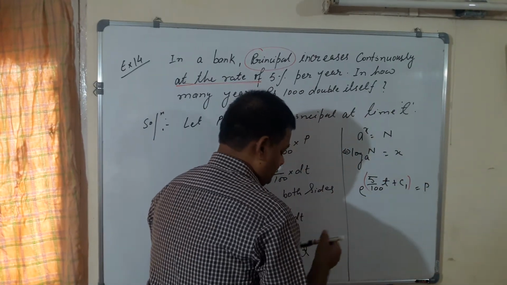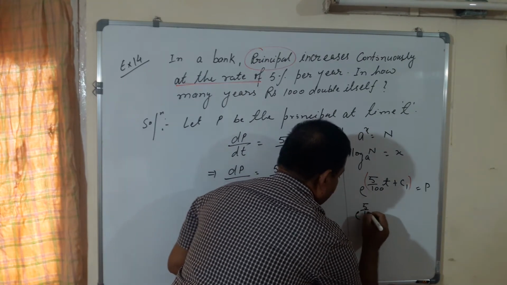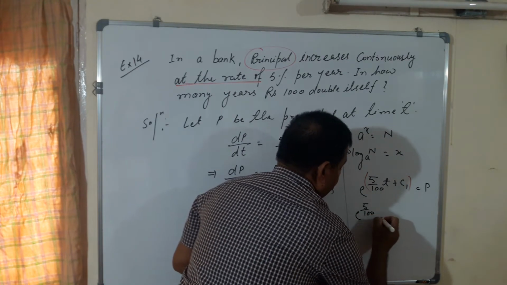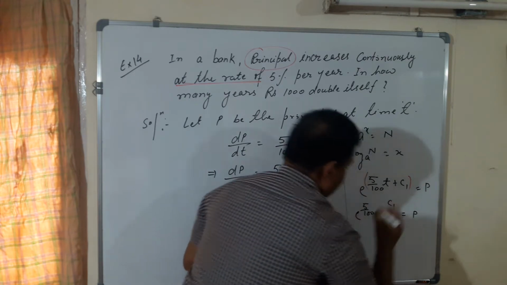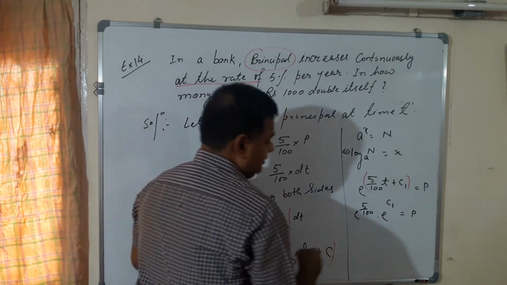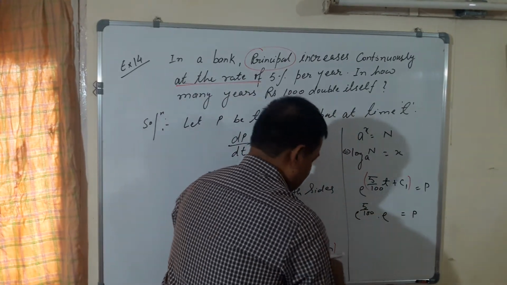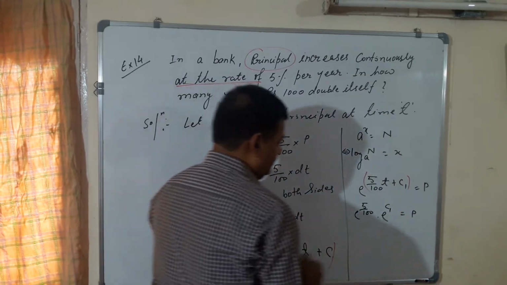So now we can break it like this: e raised to the power 5 by 100 t into e raised to the power c1 is equal to P. On the same base, powers are added. So e raised to the power c1 is a constant.